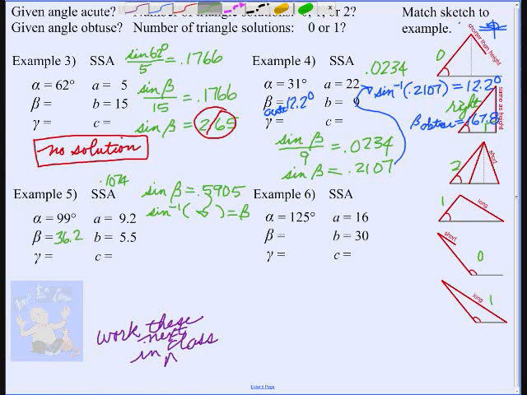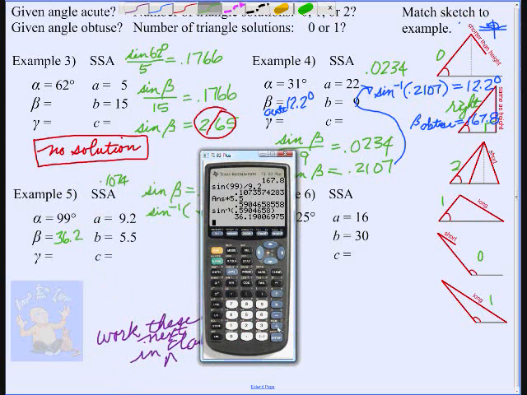I'm going to add 99 to that, plus 99, and we've got 135. We're going to find the difference with 180.